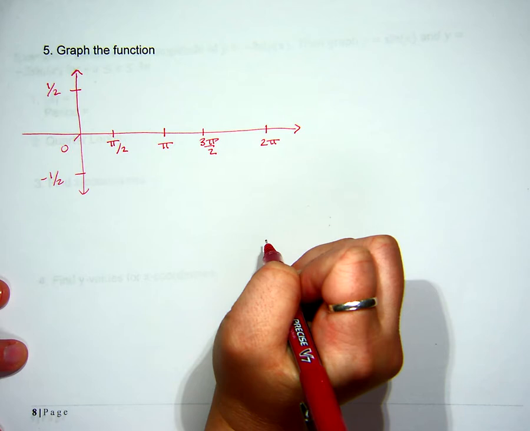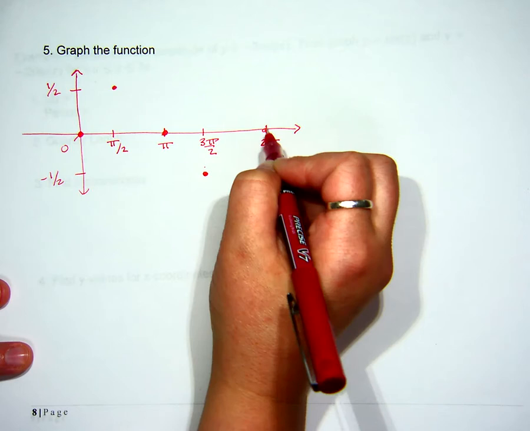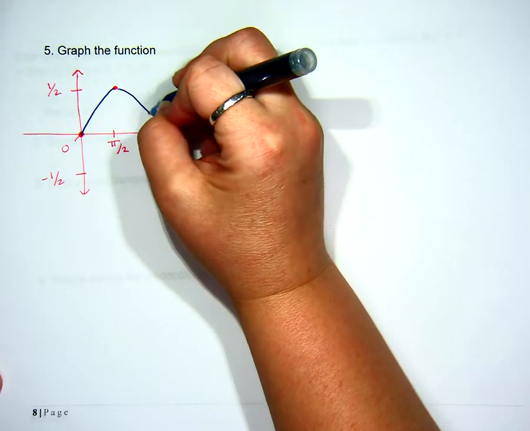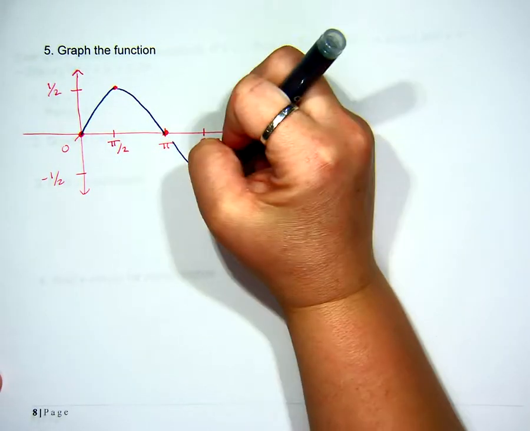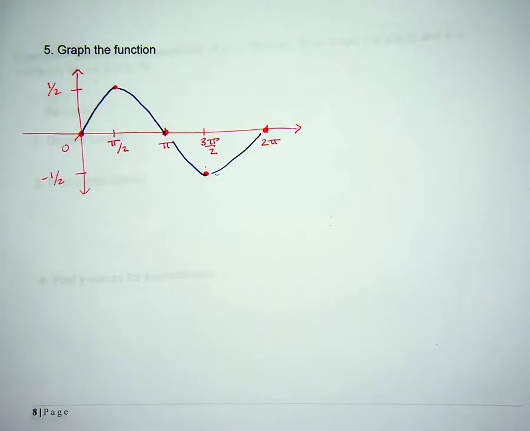Pi over 2 was 1/2. Pi was 0. 3 pi over 2 was -1/2. And 2 pi was 0. Lastly, just continue your curve. Connect your dots with a smooth curve. And there we've graphed y equals 1/2 sine x.